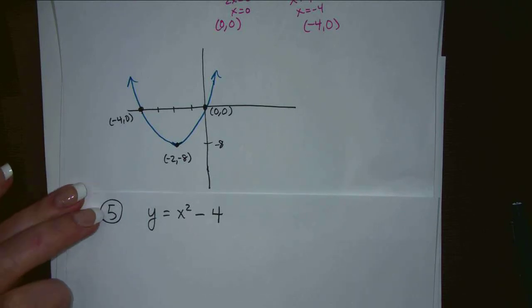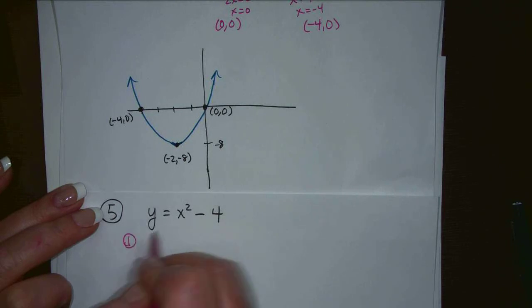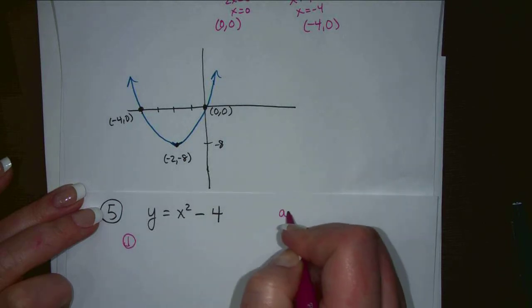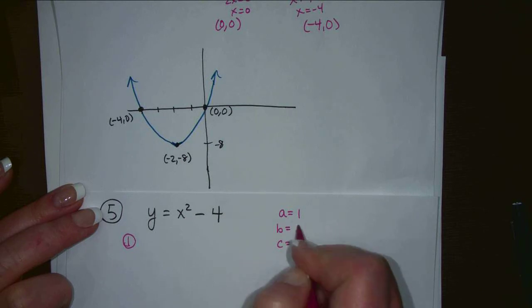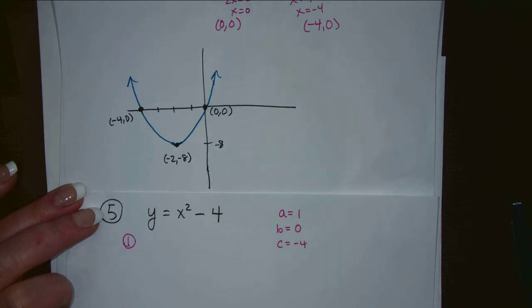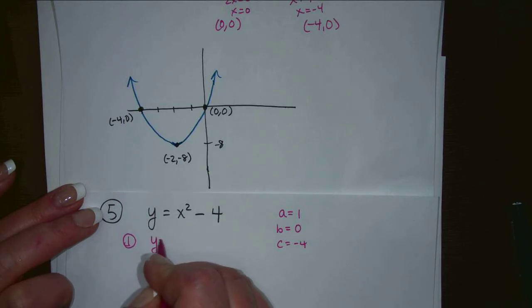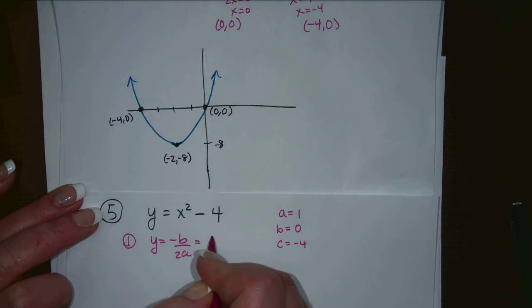So the vertex. What's A and B? Right, B is 0 here because that x term is missing. So when we do the vertex, minus B over 2A, we're getting 0. 0 on top's okay, it's 0.